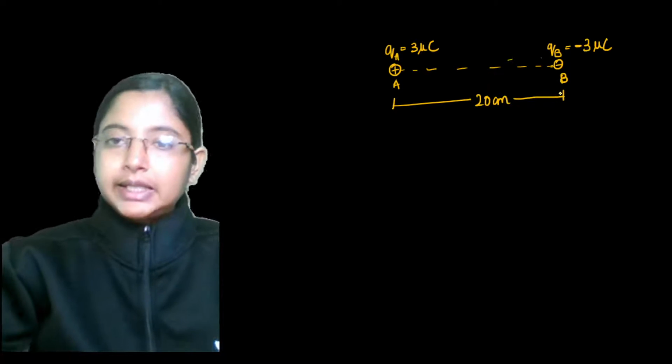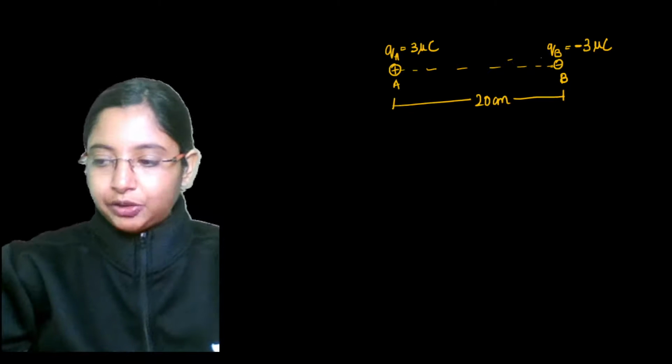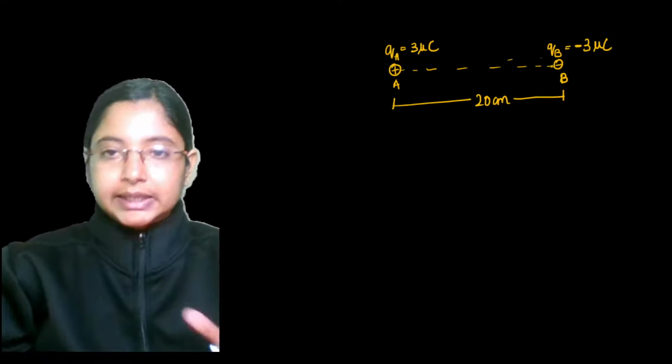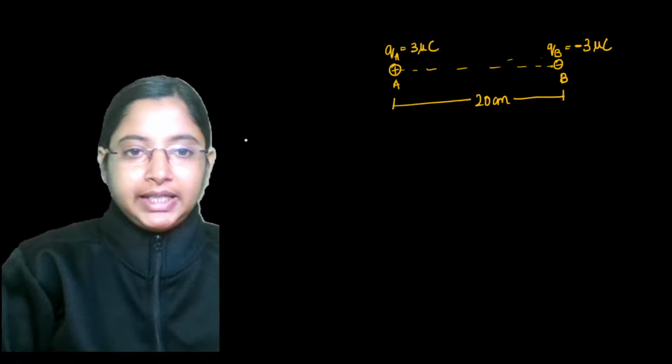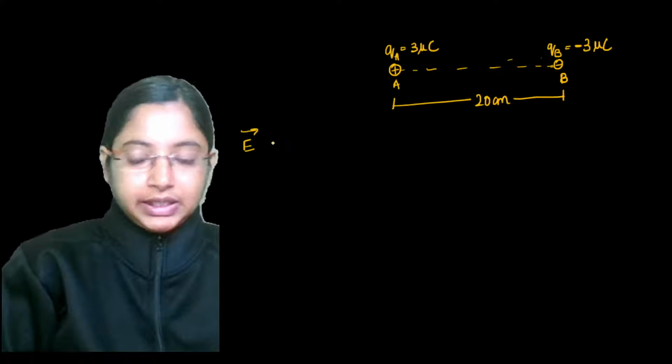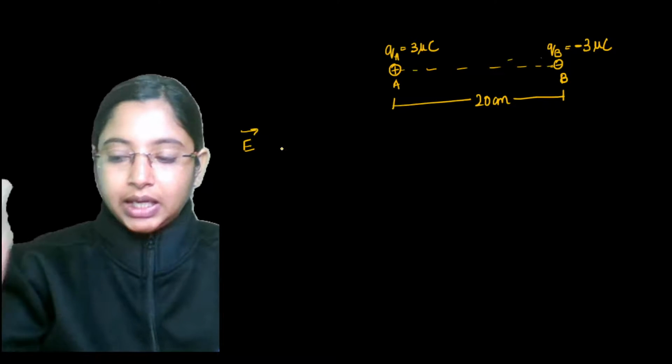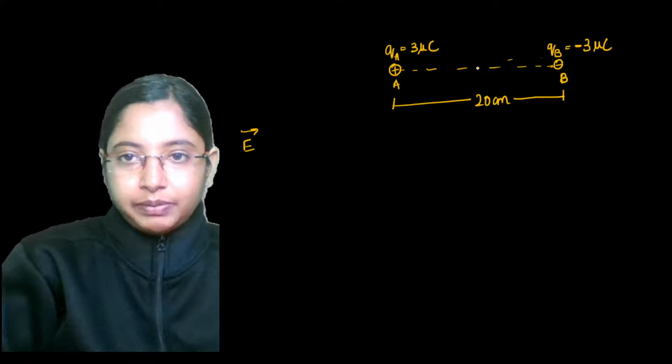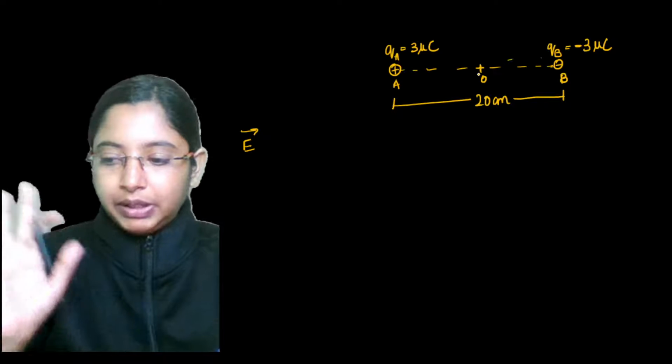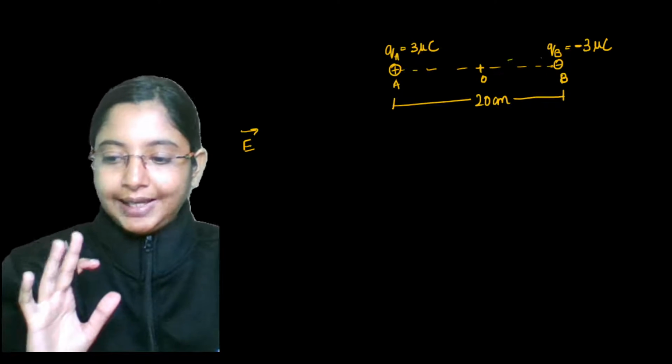And this entire system, let's say it's placed in vacuum. Now knowing this, what will be my electric field E? Let's say this midpoint over here is O. At the midpoint we want to know what is the electric field.